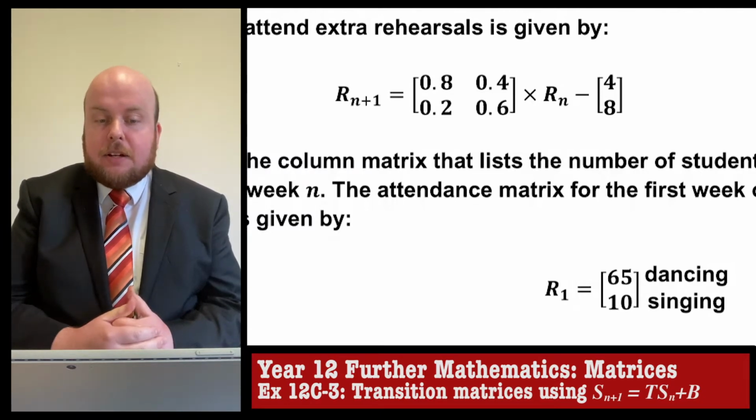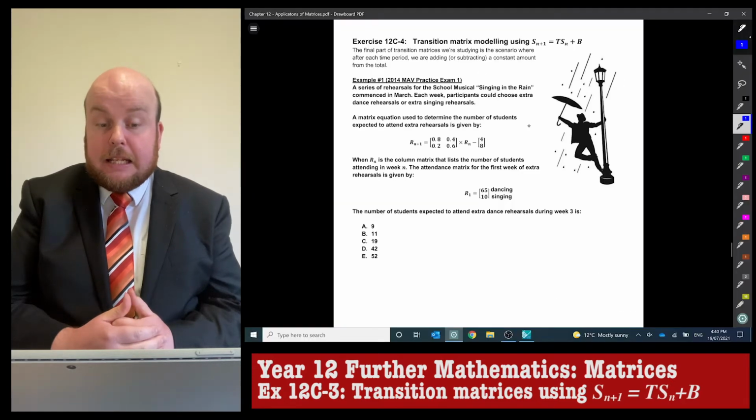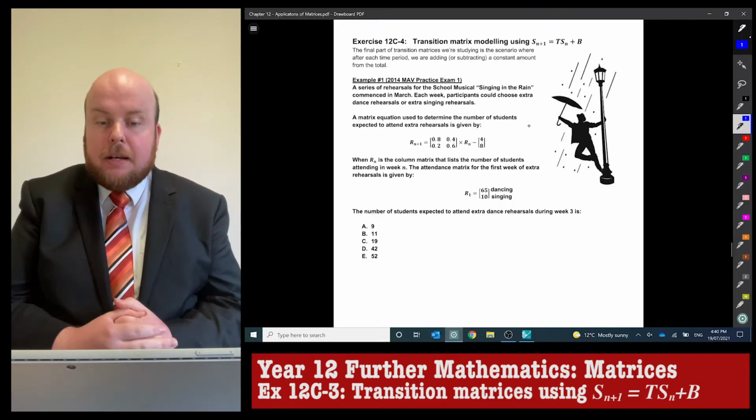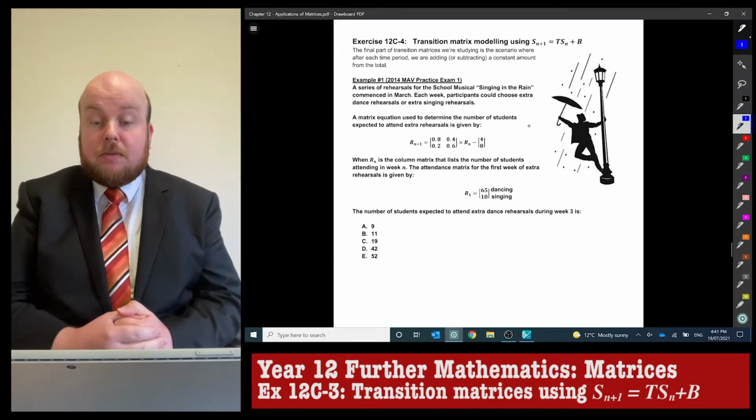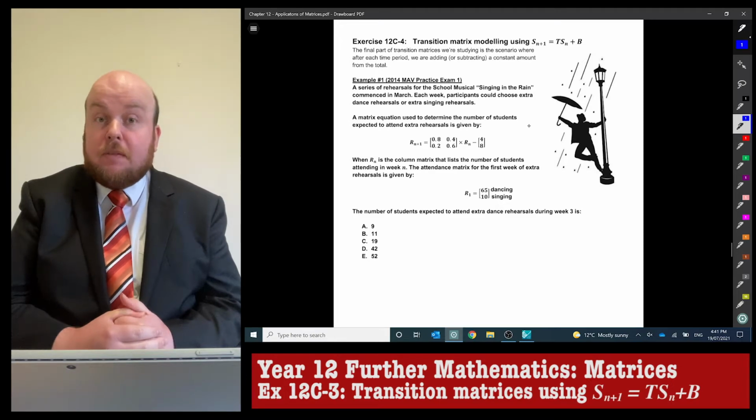When Rn is the column matrix that lists the number of students attending in week n, the attendance matrix for the first week of extra rehearsals is given by this particular value, R1 being 65, 10, dancing and singing. The number of students expected to attend extra dance rehearsals during week 3 is one of the following answers.